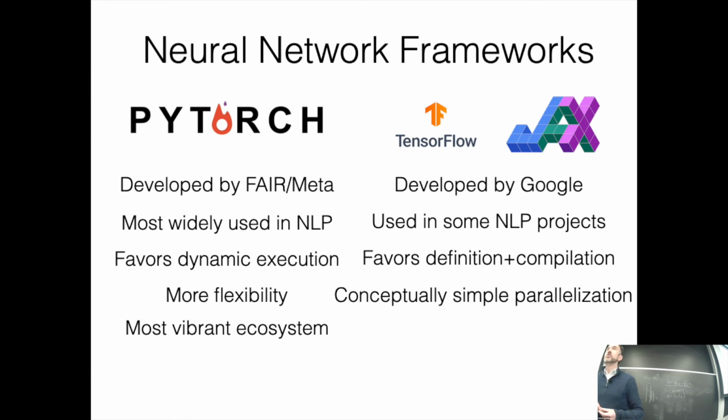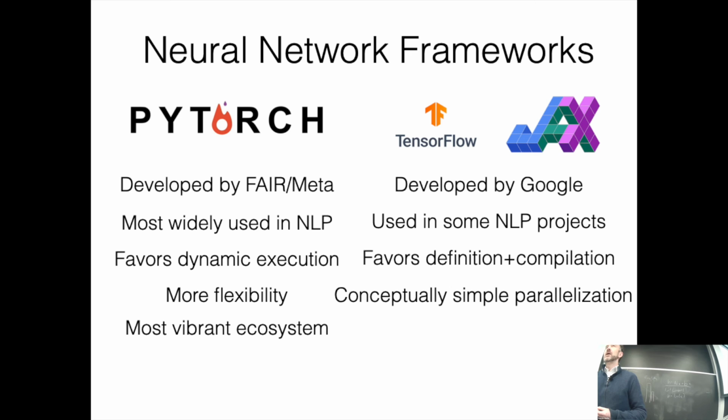PyTorch is definitely most widely used in NLP, especially NLP research. JAX is used in some NLP projects. PyTorch favors dynamic execution, which means you create a computation graph and then execute it every time you process an input. In contrast, you can define the computation graph first and then execute it over and over again, so the graph construction step only happens once at the beginning and then you compile it.